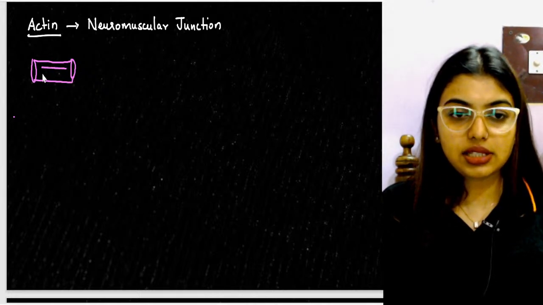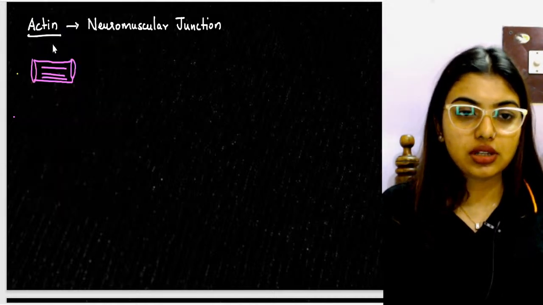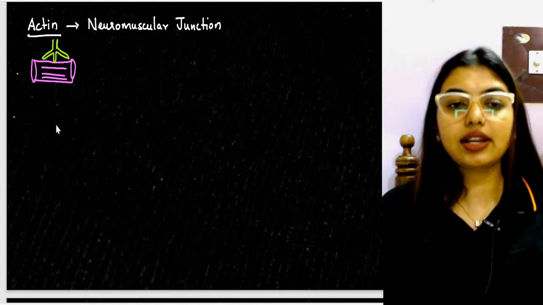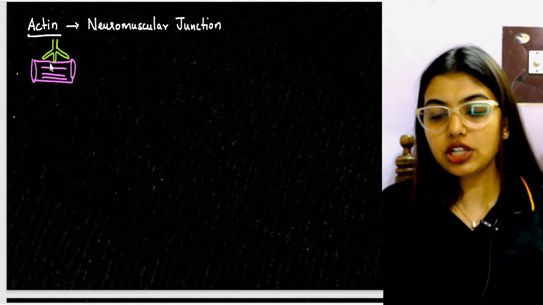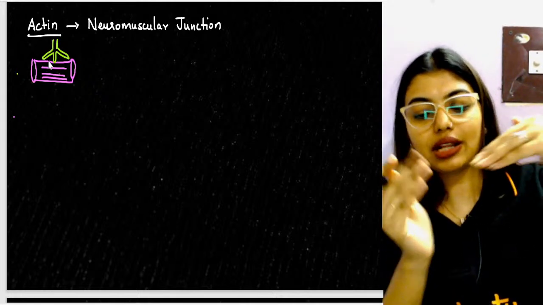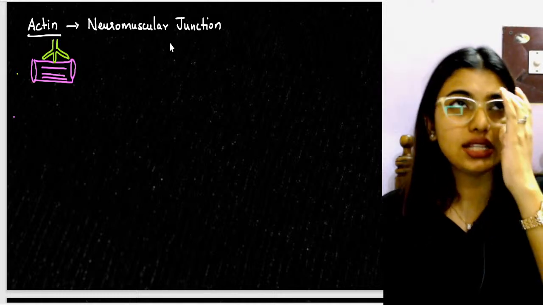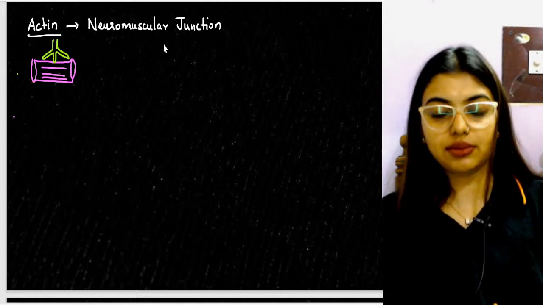This is your muscle. And these are your neurons. This is the axon. So this portion is called a neuromuscular junction. That means where the neurons come and meet the muscles. We can also call it the sarcotubular system.